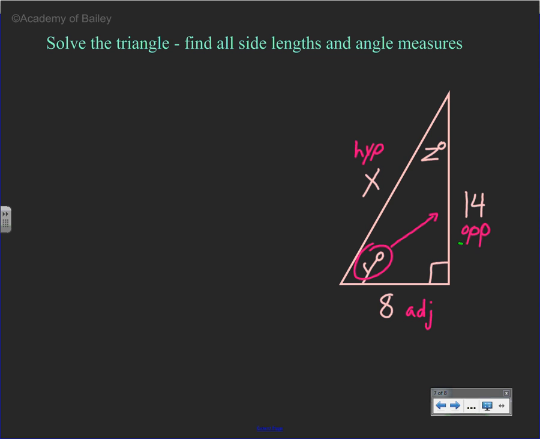All right, so if we know the opposite and the adjacent, I believe tangent uses opposite and adjacent. And since we're finding theta to be equal to y, tangent of theta, or tangent of y, is equal to opposite over adjacent.